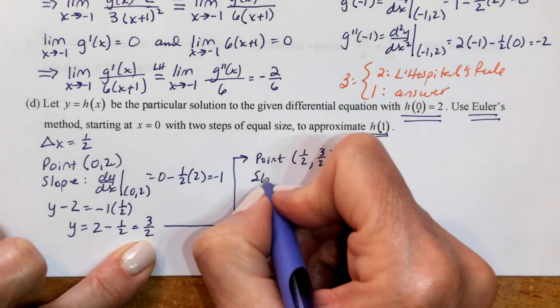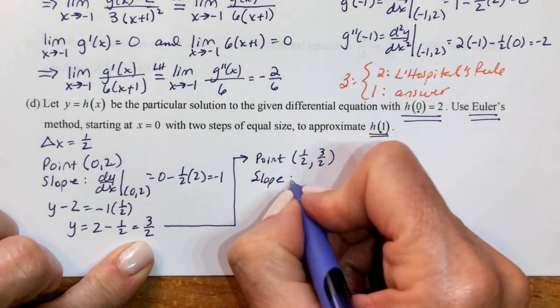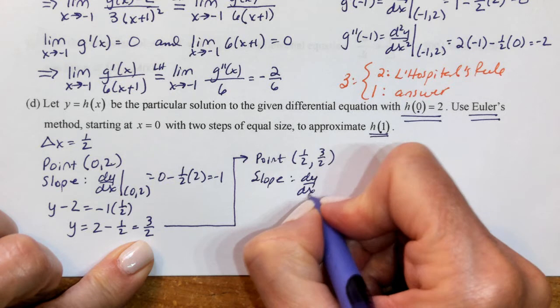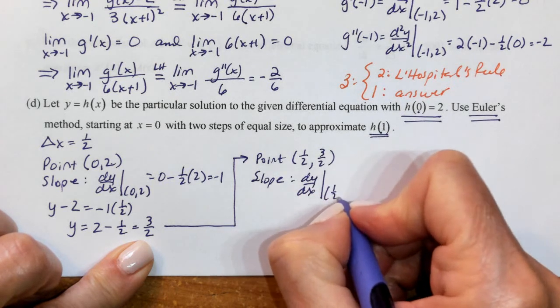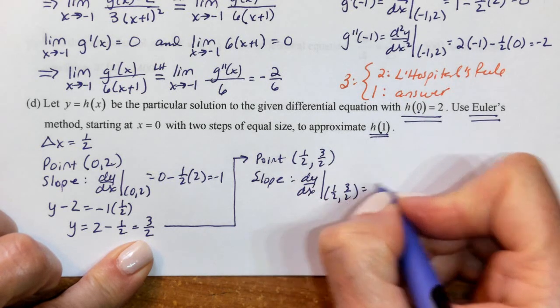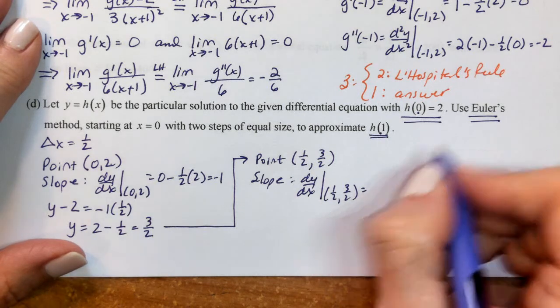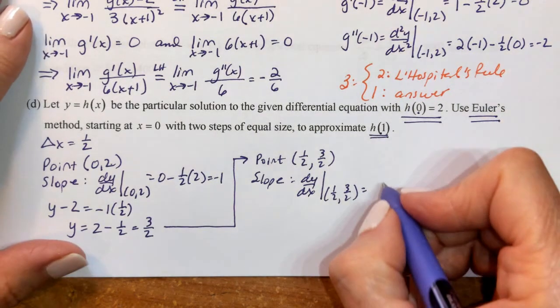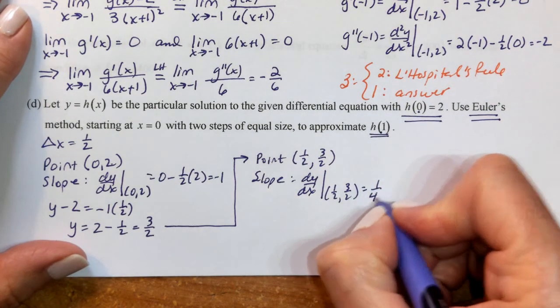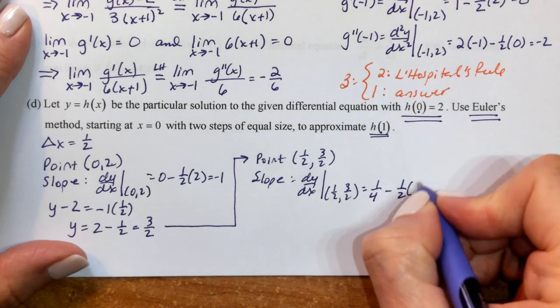Now I'm going to find the slope there. dy/dx at my new point is, I'm using my dy/dx equation again, x squared is 1/4 minus half of y.